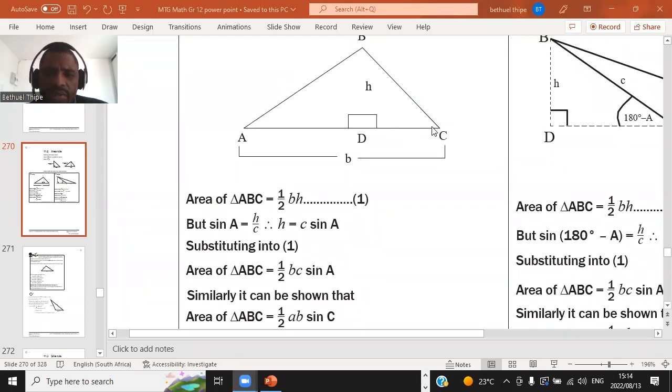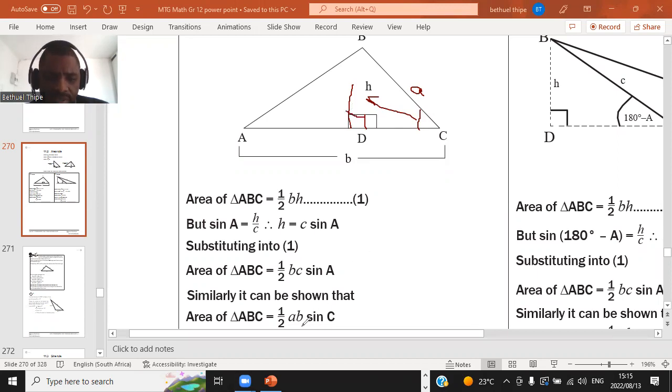Now, when we get the sine of C, the sine of C is given by the opposite, which is H, over this side, which is here. This is our height. So the sine of this angle is given by the opposite, which is H, over the hypotenuse. Our hypotenuse there is small a. And this angle here is 90 degrees.